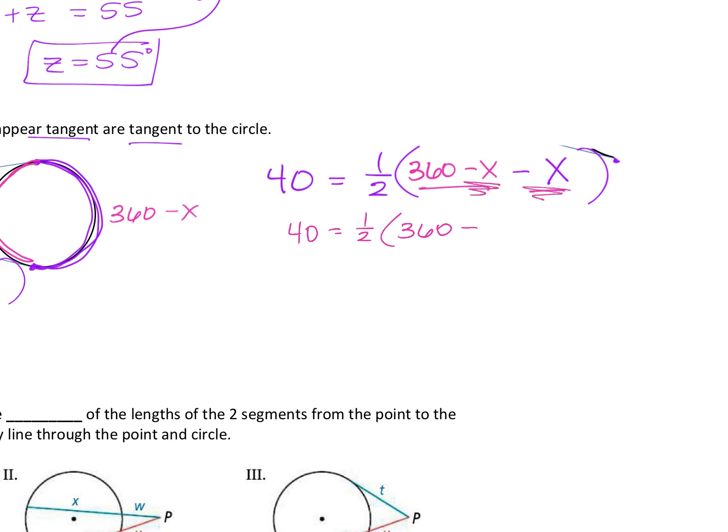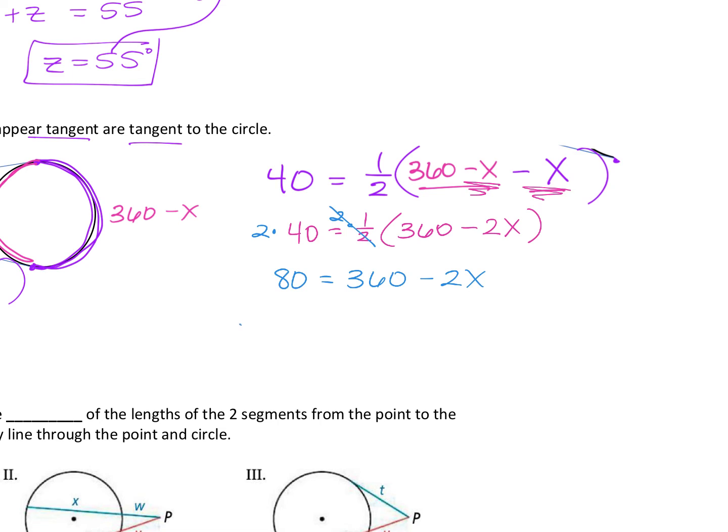Minus x is minus 2x. Okay? What's your next step? Multiply by 2. Now, this one would be way easier to distribute because you have a 2x there. So if you want to distribute it, go ahead. I'm going to multiply by 2 just to try to get you in that habit. So if I multiply by 2 here, then I got to multiply by 2 here. So 80 equals 360 minus 2x.